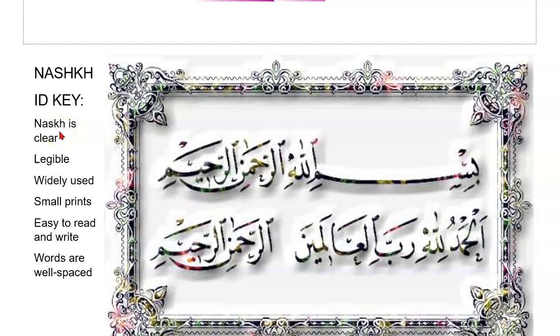Naskh means to copy. Naskh is to copy, and that is the history of this script. As people needed to transfer knowledge, there was paper within 100 years from China, and I'm talking about the Islamic history.